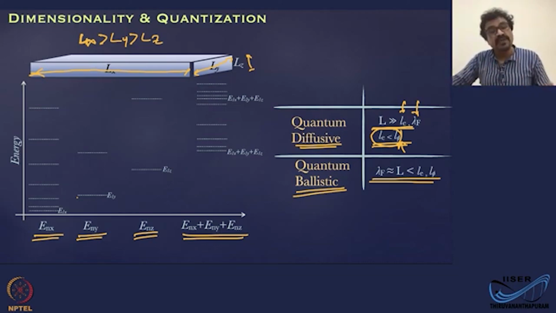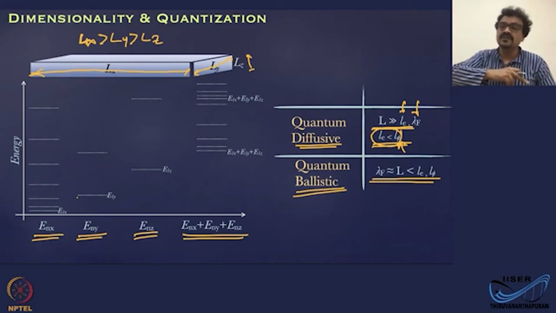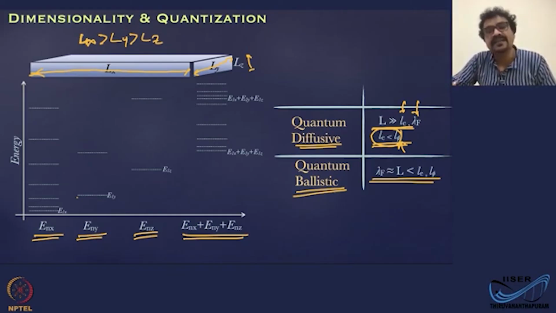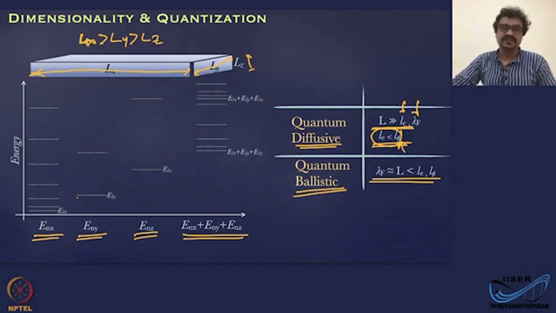So if there is more time, it will travel more length, and then it can move through the system without scattering. The mean free path, LE, is larger when you have higher mobility or fewer scattering events. So observation of this quantization depends on dimensionality and also on the mobility. So the dependence on dimensionality comes through the mobility. If you have really high mobility, you can observe quantization with larger dimensions of the system.